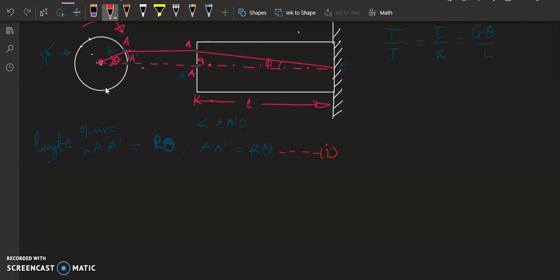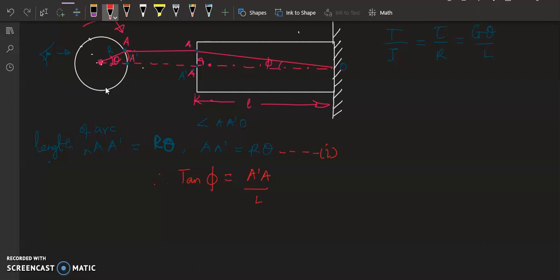Now, if you consider this right angle triangle A prime O, then we realize that tan, or the tangent of phi, is equivalent to A A prime divided by L.